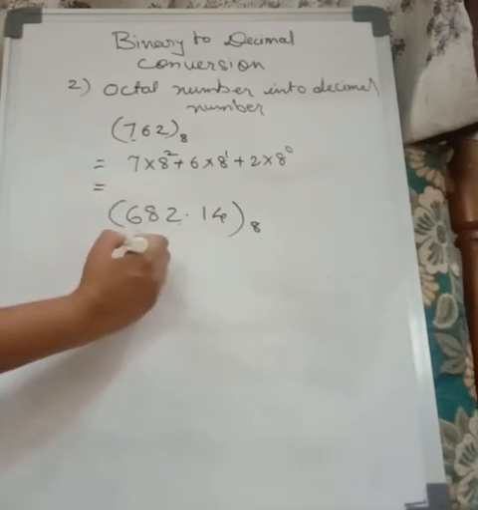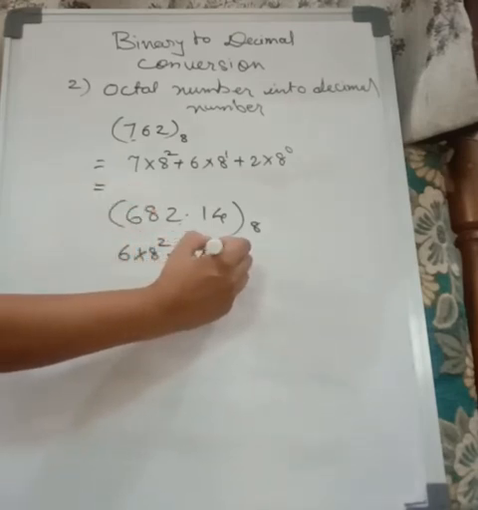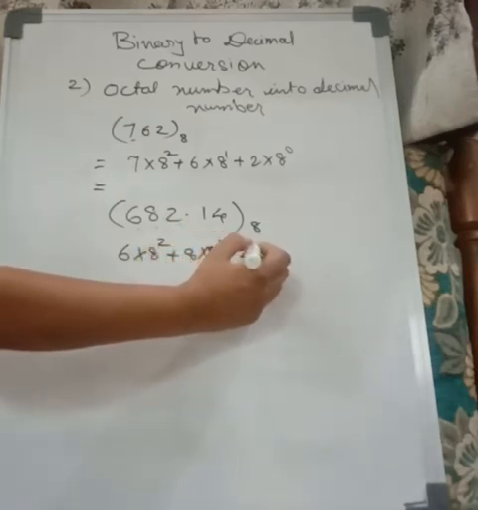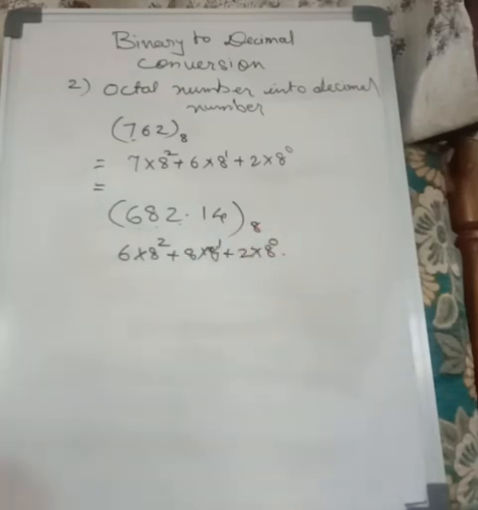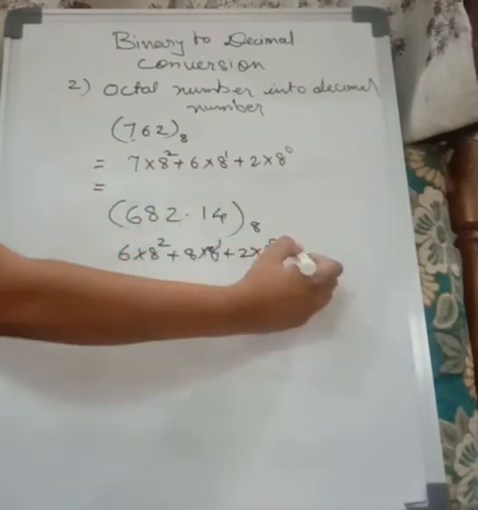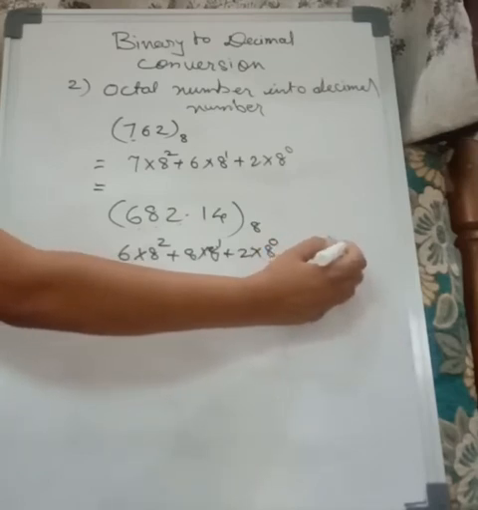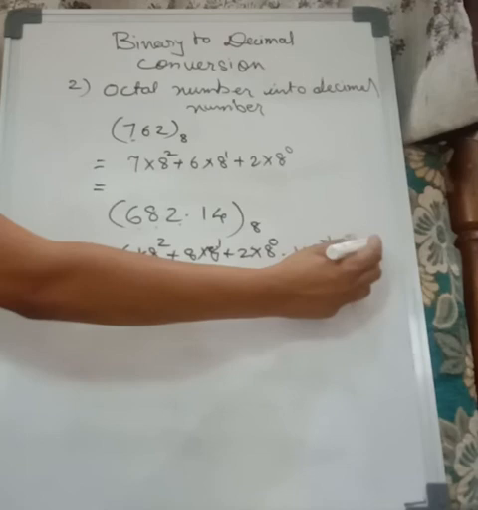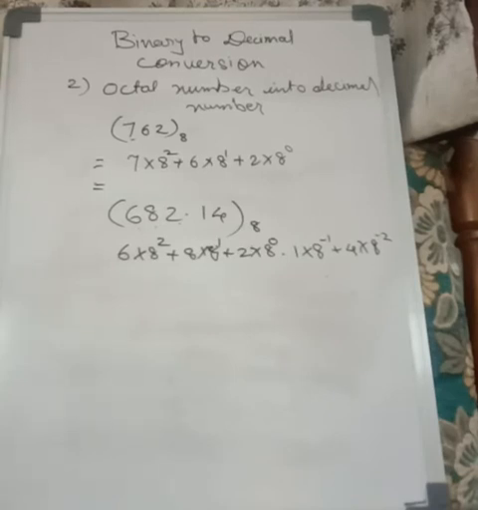So again it will be 6 into 8 to the power 2 plus 8 into 8 to the power 1 plus 2 into 8 to the power 0. Again the point will be there, and 1 into 8 to the power minus 1 plus 4 into 8 to the power minus 2. So this is the way to convert an octal number into the decimal number. Okay.